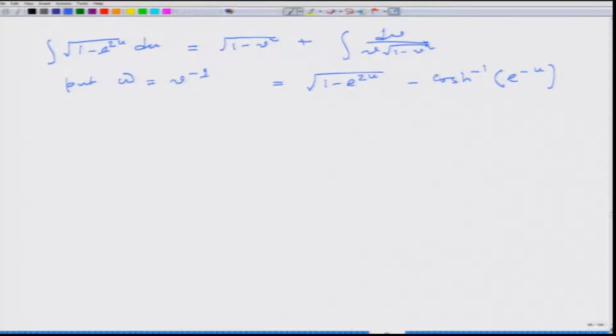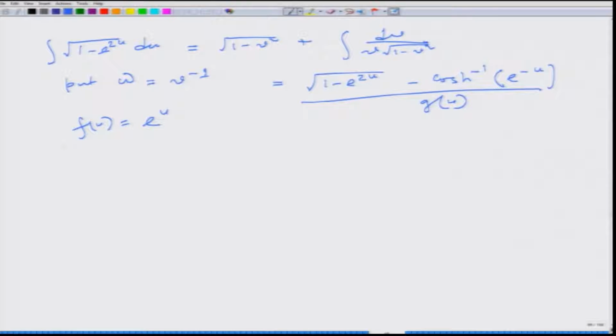There will be some constant, but I omit the constants because we need only one curve. So what do I get? My f(u) is e^u and g(u) is this.